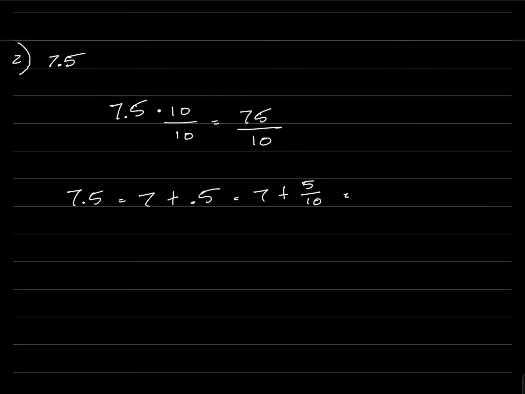And then we can combine those as a mixed numeral. We get 7 and 5/10. Now, none of these at the beginning are we going to simplify and reduce, but just keep in mind that could be reduced to 7 and 1/2. So as a fraction, we write it as 75 over 10. As a mixed numeral, we can write it as 7 and 5/10.